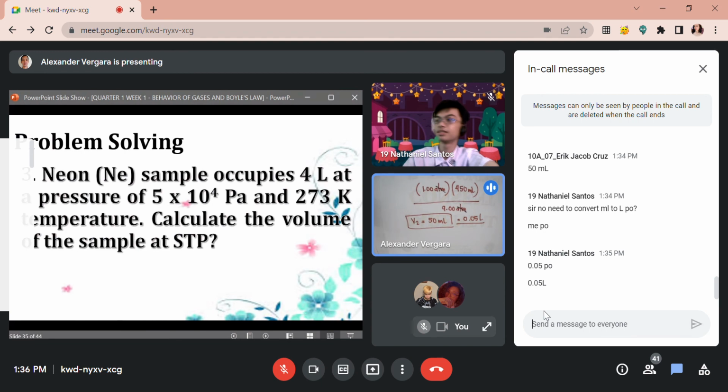Our neon sample occupies 4 liters at a pressure of 5 times 10 raised to the 4 Pascal and 273 Kelvin temperature. Calculate the volume of the sample at STP. Teacher, why is it lacking the given? Let us see if you can answer that one.